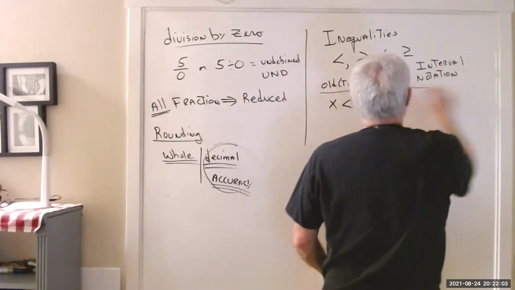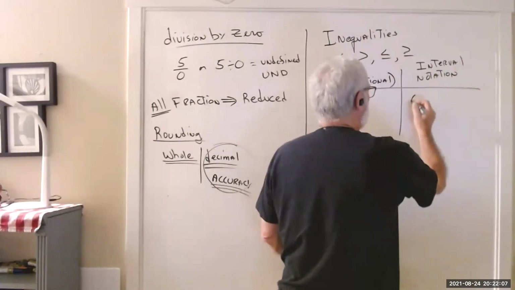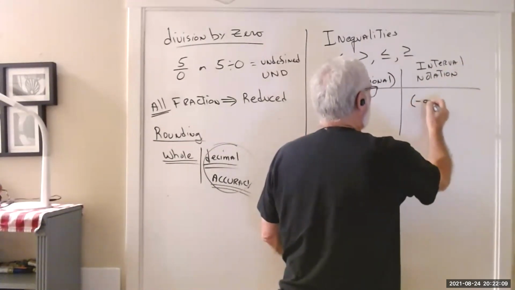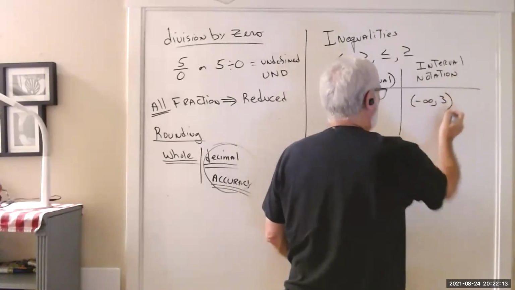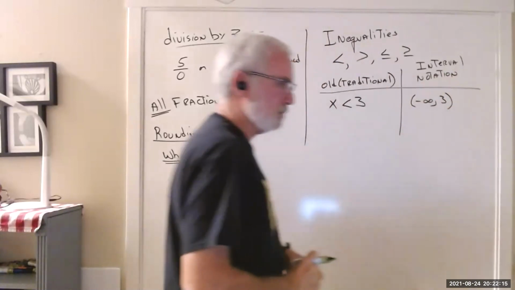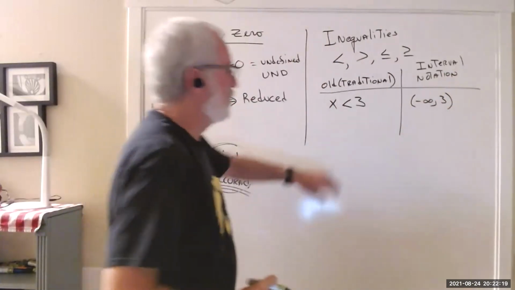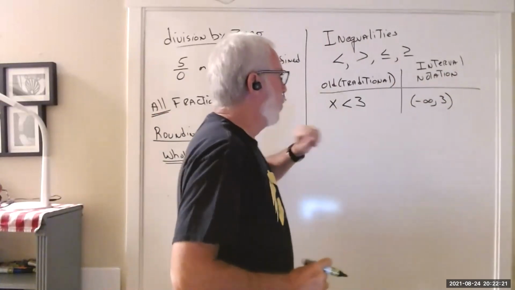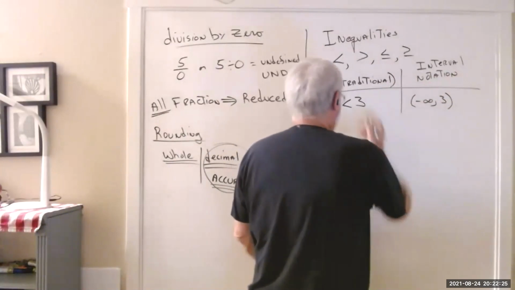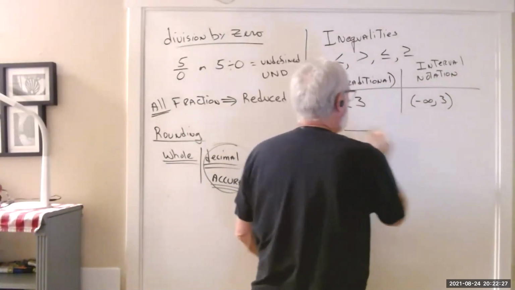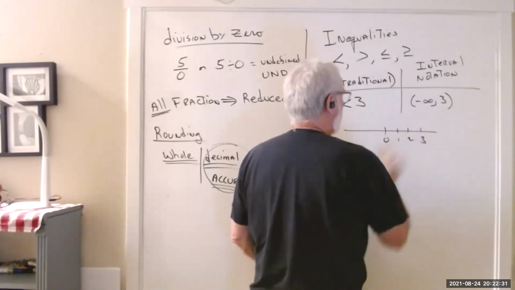Okay. In the new way, we would write parentheses, negative infinity, comma, 3, parentheses. Now just hang with me for a moment. What this means is, on the number line, here's 0, 1, 2, 3.